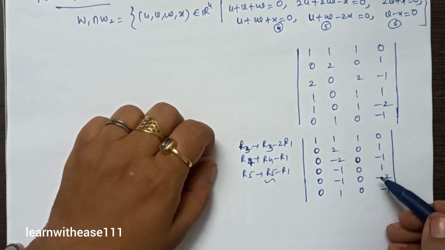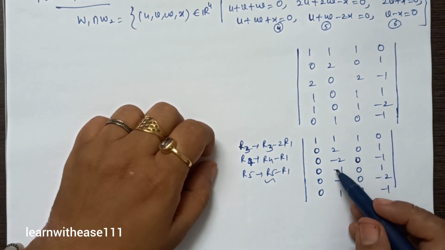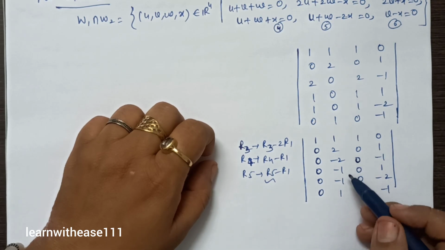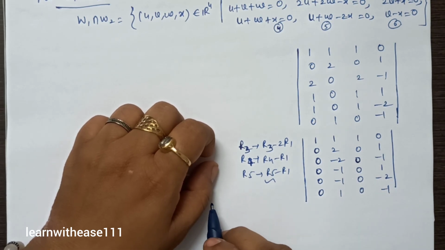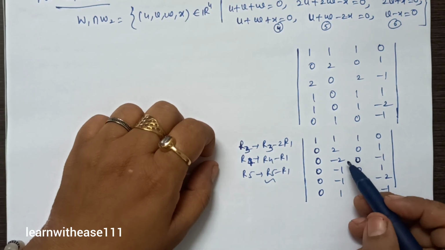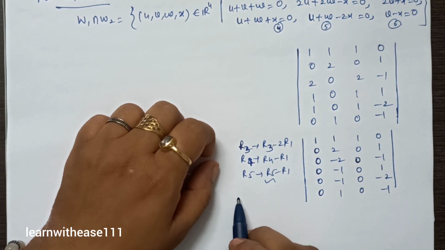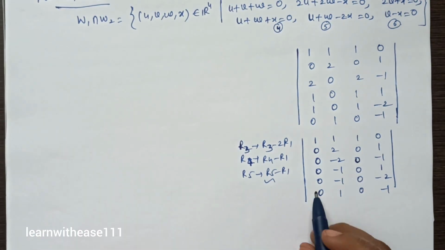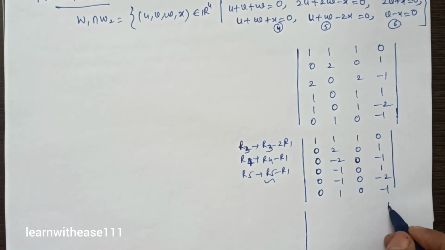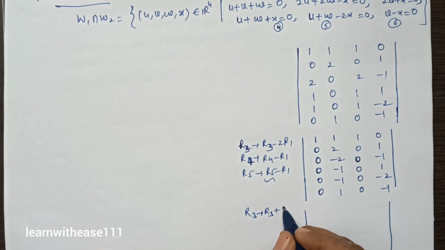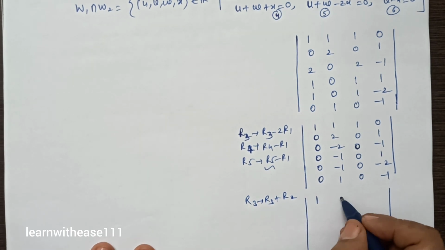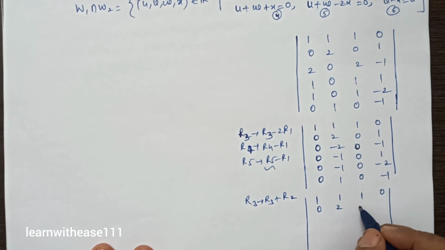Now in the second column I'll be making zeros below the leading entry. So I'll be applying the operation R3 tends to R3 plus R2.